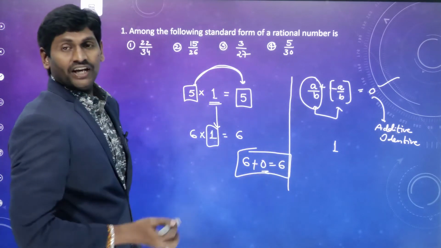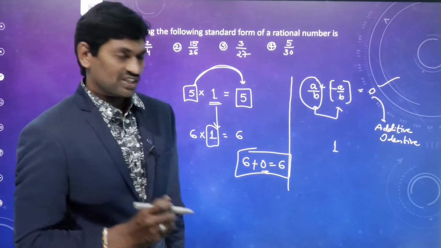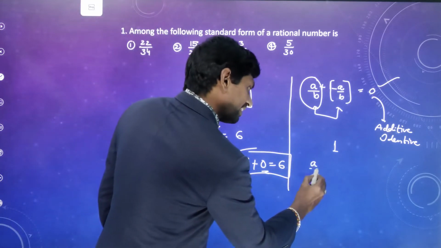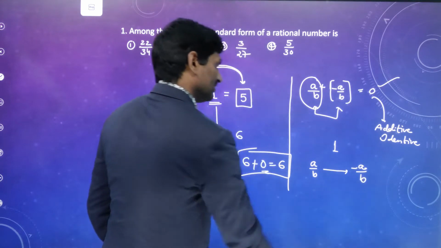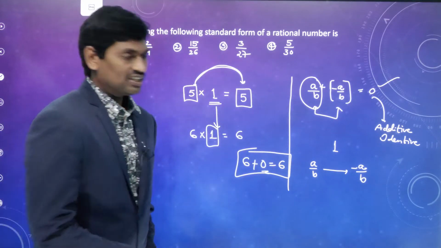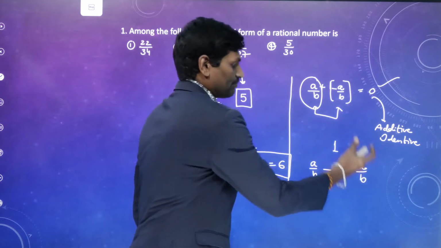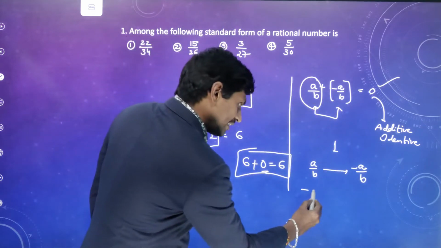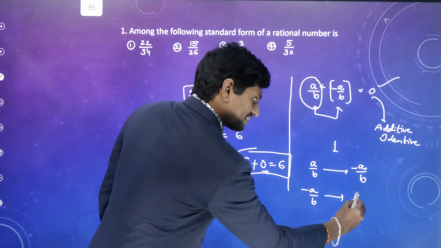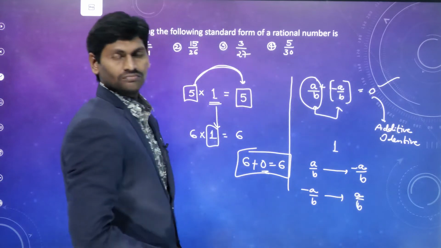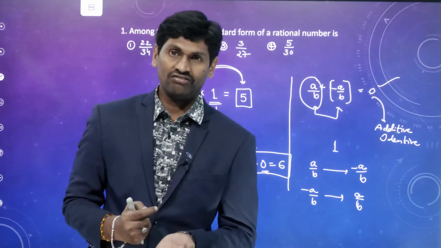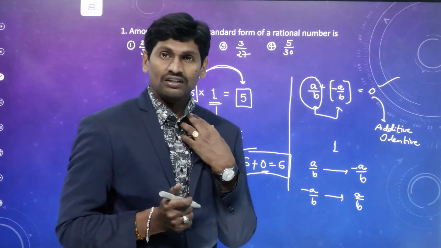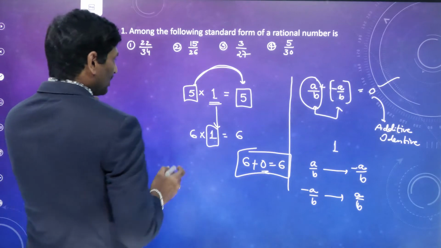In the same way, additive inverse and multiplicative inverse. For the additive inverse, you just change the symbol. The additive inverse of A by B is minus A by B. The additive inverse of minus A by B is plus A by B. And the multiplicative inverse is nothing but the reciprocal.